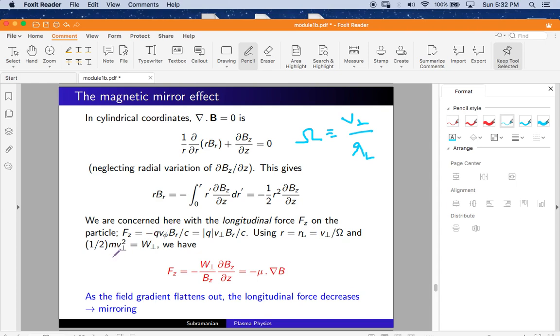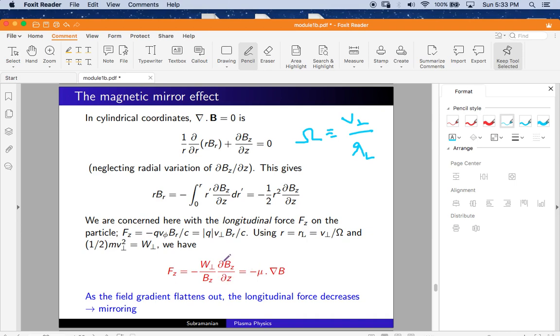It's in the same spirit as we said: although energy is a scalar, you can think of it as a kinetic energy associated with the perpendicular particle motion. Then you get the z-directed force like so.